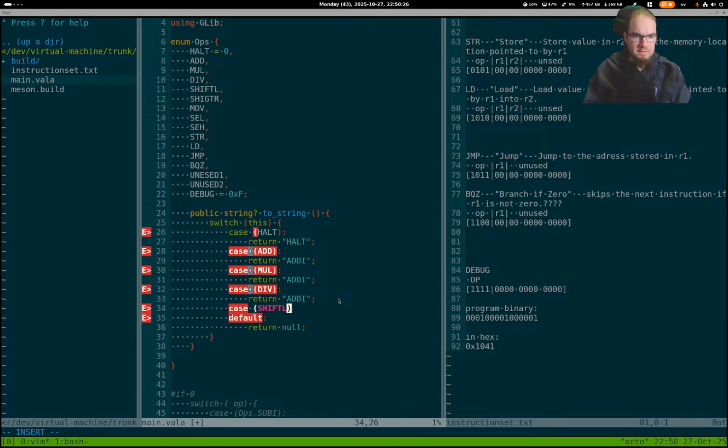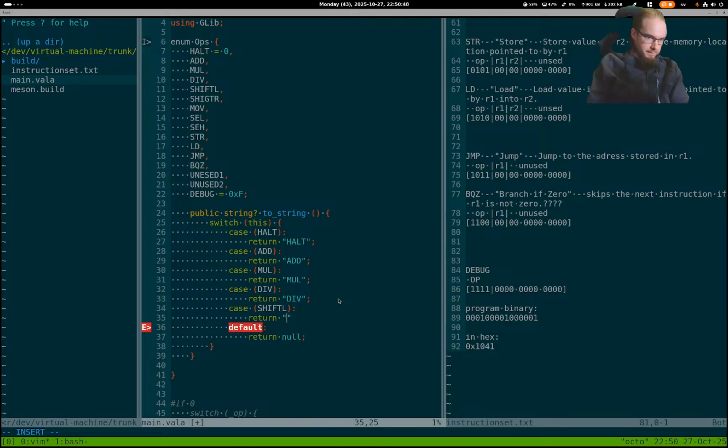Shuffle. Div. And now, I also need to make a parser for this too, so I can use it when I make the compiler.